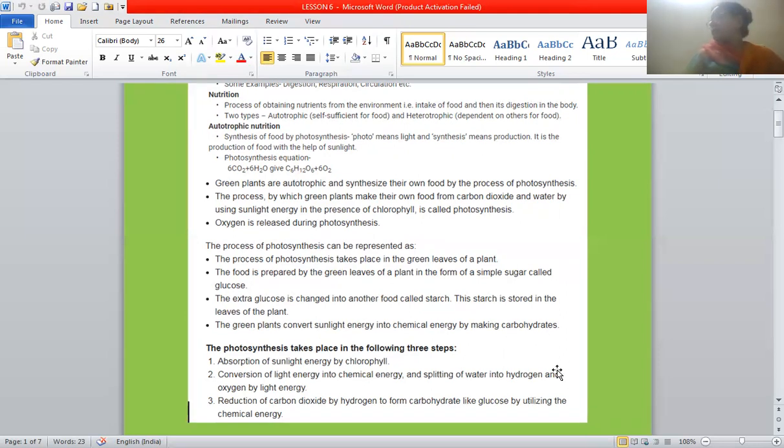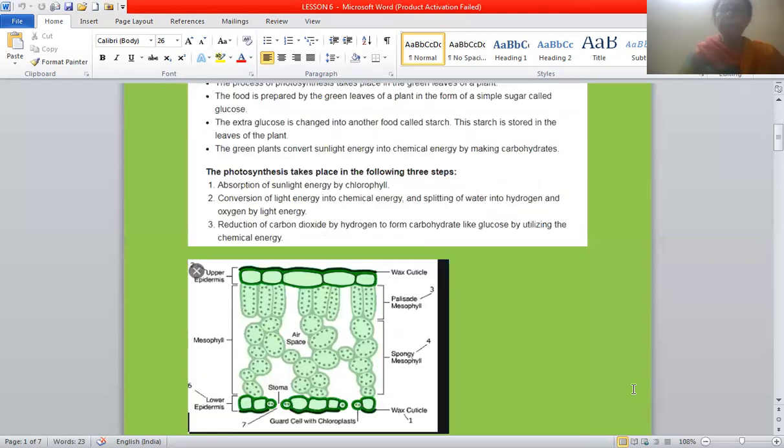So the 3 steps of photosynthesis are: first, absorption of sunlight by chlorophyll. Then this solar energy, that is light energy, is converted into chemical energy, and water is split into hydrogen and oxygen by light energy. Water, as you know, is composed of hydrogen and oxygen.